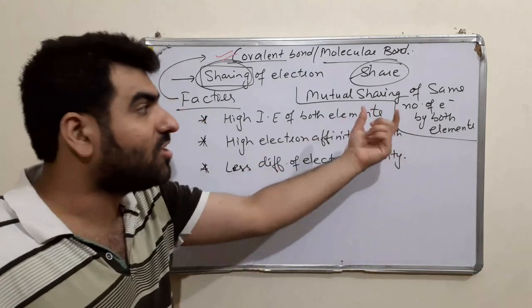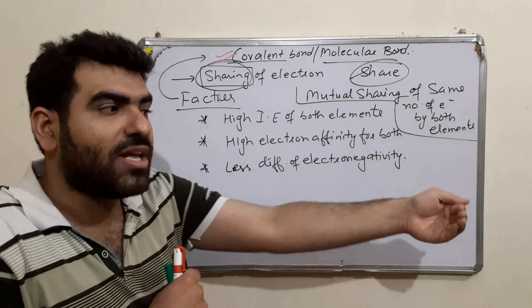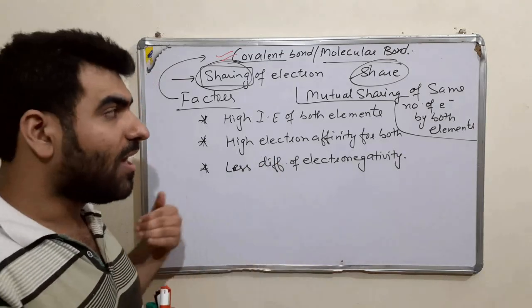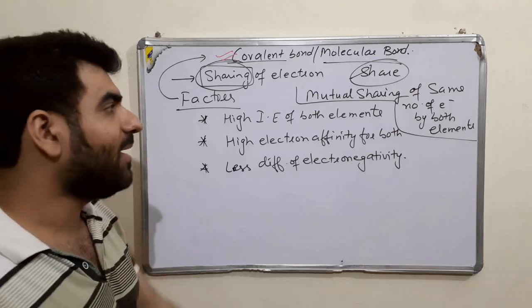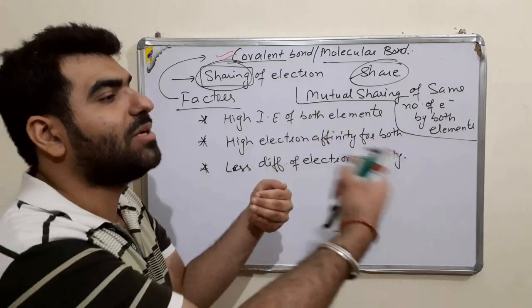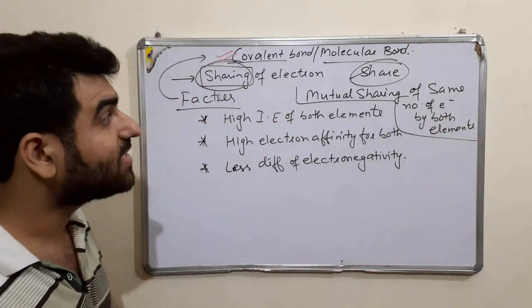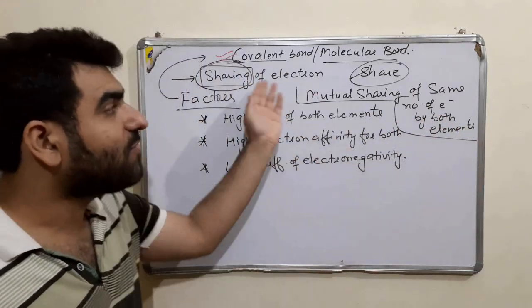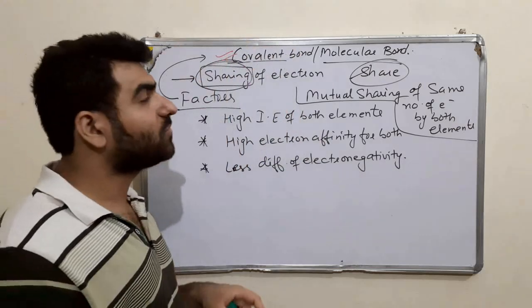If one element shares one electron, the other element also shares one electron. If one element shares two, the other also shares two. It will not be the case that one element shares one and the other shares two. The same number of electrons will be shared by both elements. And the bond formed in such a way is known as the covalent bond.